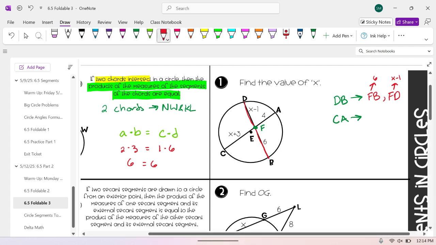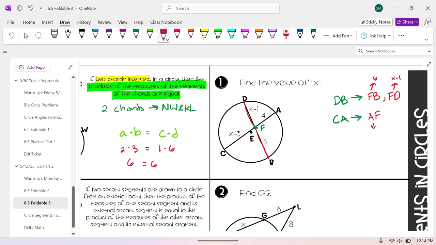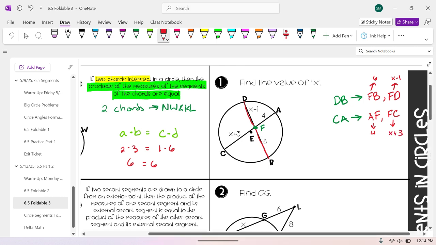What's the length of AE? Or AF, sorry. So what's the length of AF? 4. What's the length of FC? X plus 3. So if I'm solving for X using what we just did over here, how do I set up my equation?